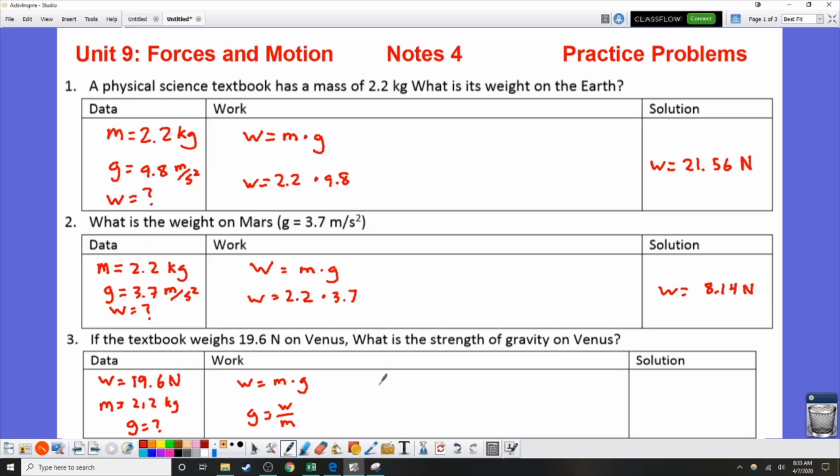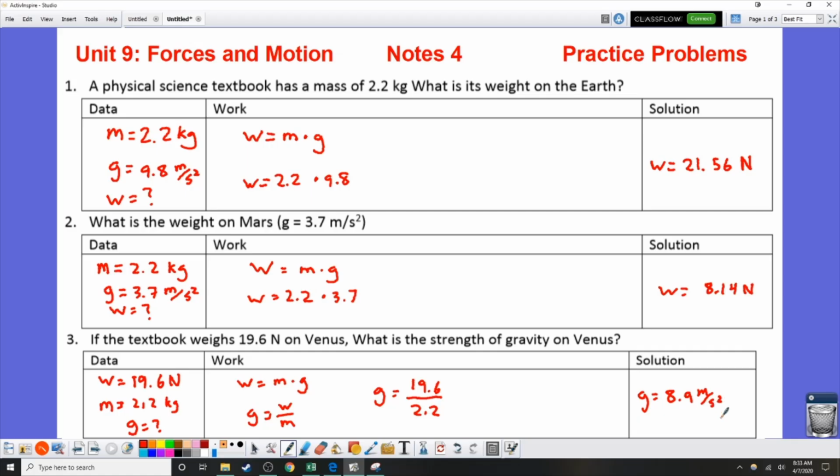So gravity is equal to 19.6 newtons divided by 2.2 kilograms. So if I did 19.6 divided by 2.2 in the calculator, I get a gravitational acceleration of 8.9 meters per second squared.